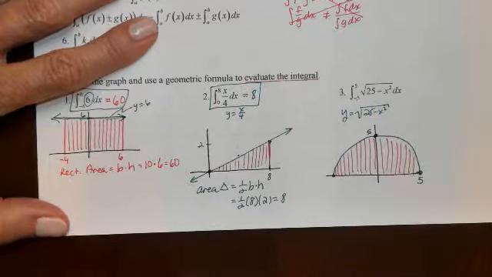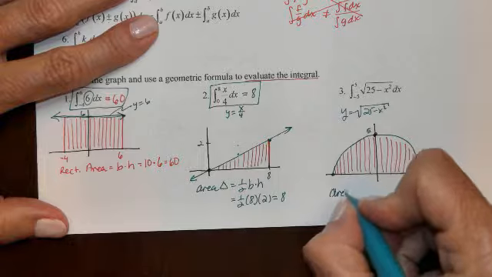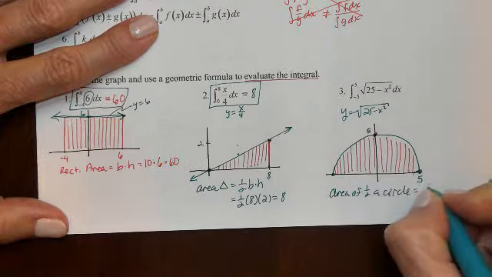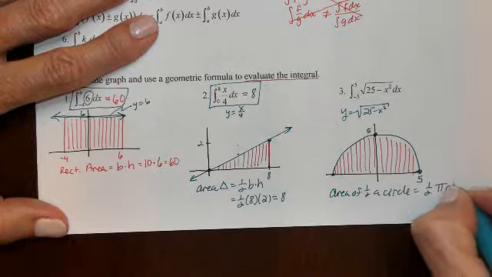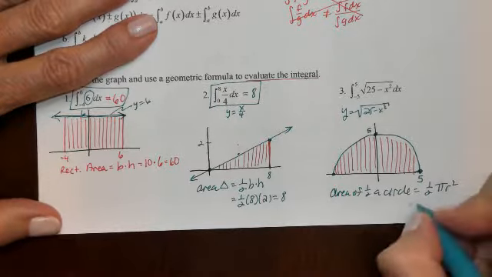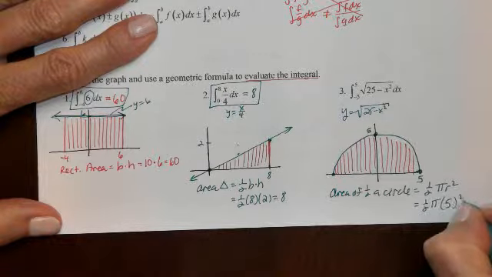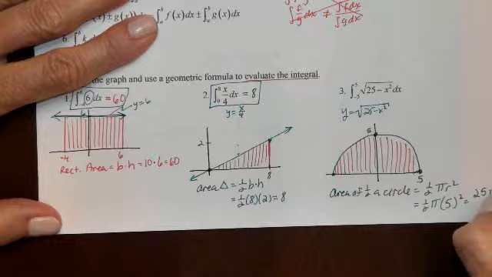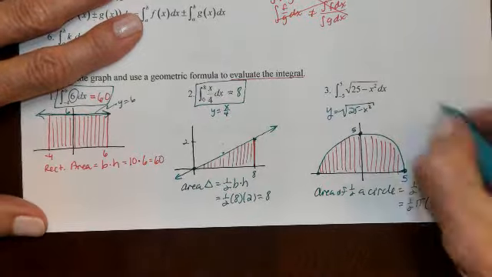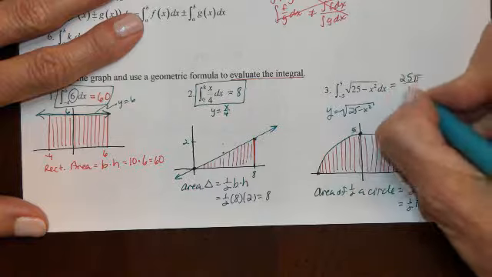It is half of a circle. So our area of half a circle is 1/2 pi r squared. I need you to know what pi r squared is. Okay? So for us, our radius is 5. So our area is 25 pi over 2. So therefore our integral equals 25 pi over 2.